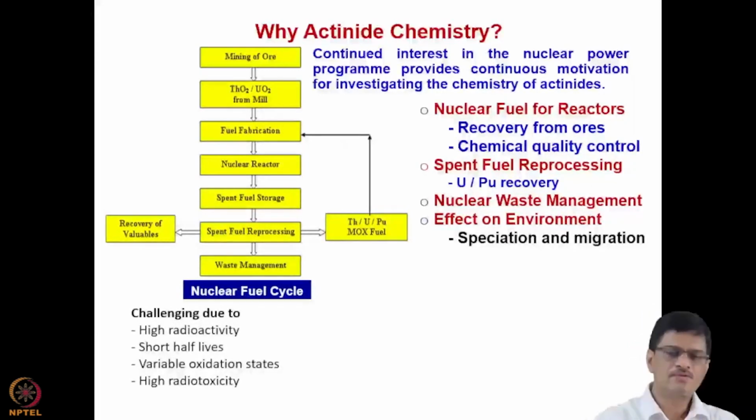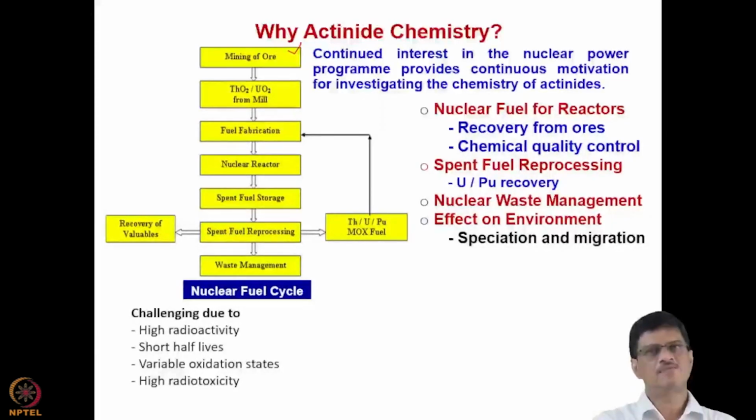That is the mining of the uranium ore, and this also involves the mining of the thorium ore, because thorium can also give uranium-233, which we'll be seeing in the course of this lecture series. Uranium-233 is used as the fissile element in the AHWR reactors.